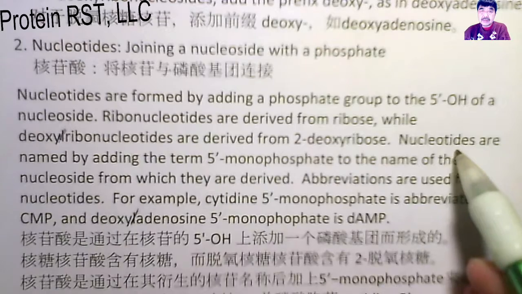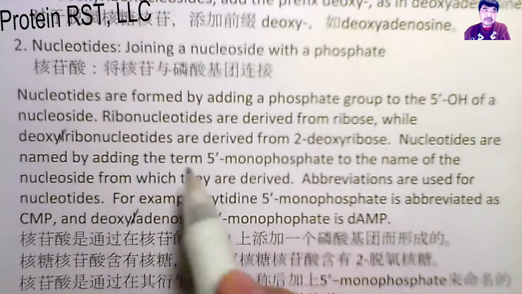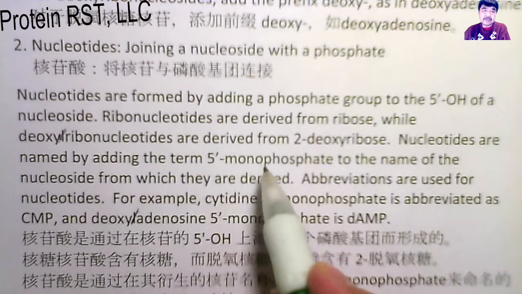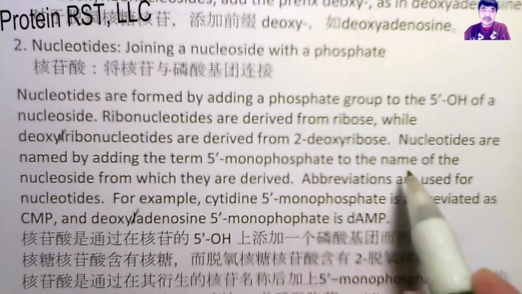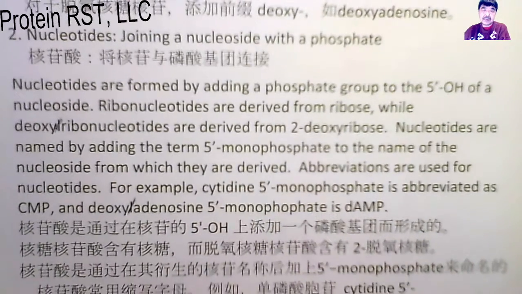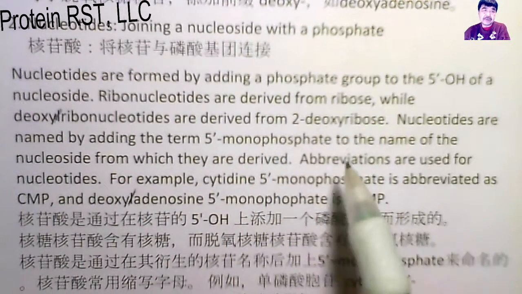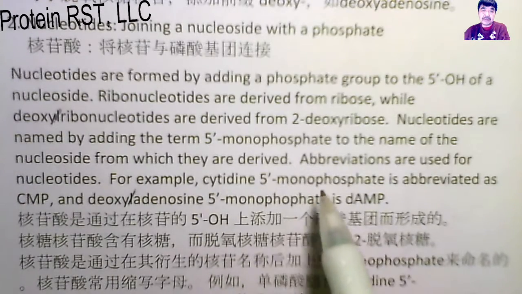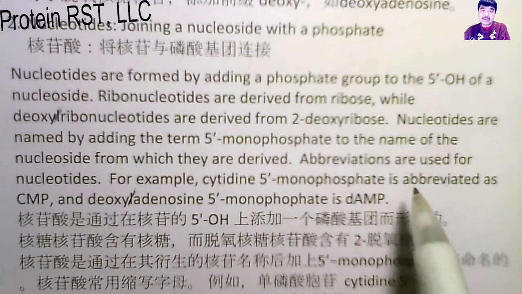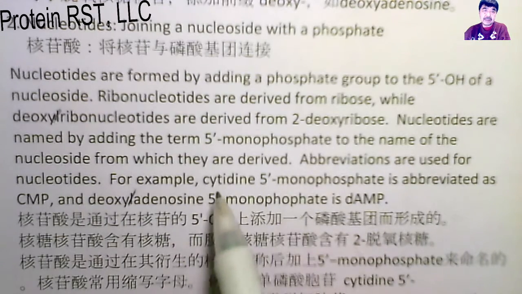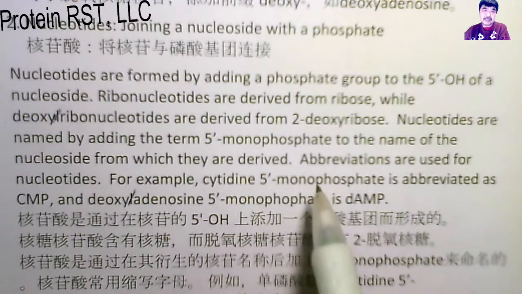Nucleotides are named by adding the term 5' monophosphate to the name of the nucleoside from which they are derived. Abbreviations are used for nucleotides. For example, cytidine 5' monophosphate is abbreviated as CMP.